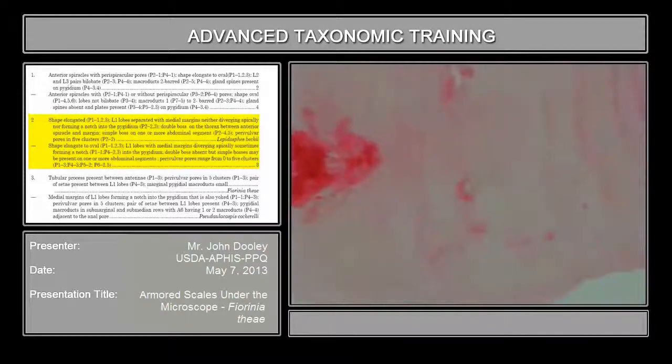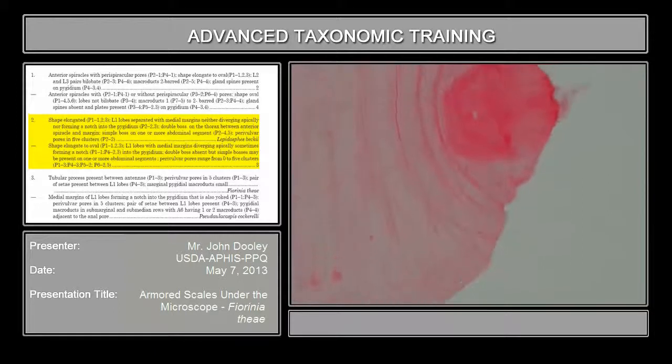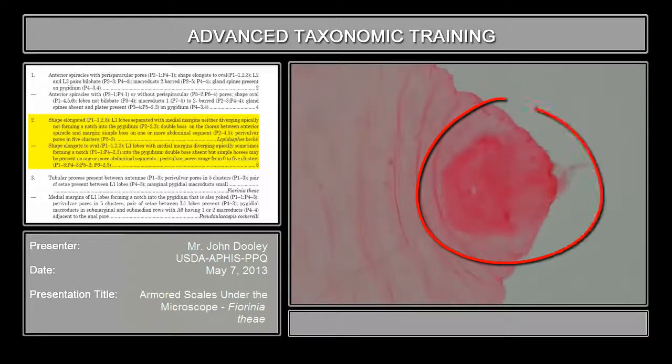Looking at the pygidium, which is over, you'll see that it is inverted. It's divergent, actually, and that's typical of several groups. And second, this is so compact that some of these would look oval, some would look elongate.